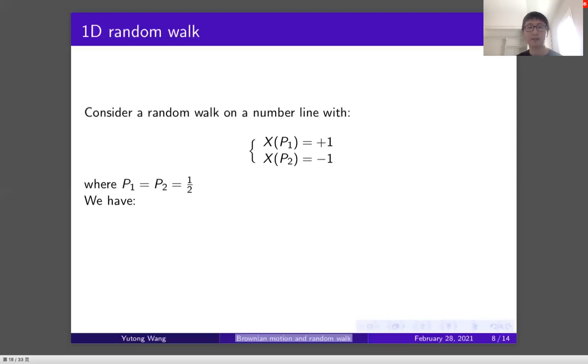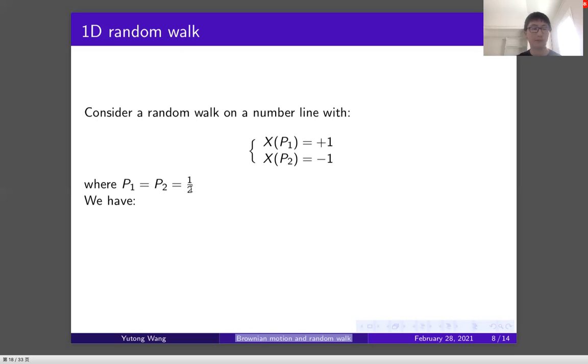So for the one-dimensional walk, consider a random walk on a line. We define X = +1 with probability p1, and X = -1 with probability p2. You can consider p1 as the probability of moving ahead, and p2 as the probability of moving backward. Since it's random, the probabilities are equal.